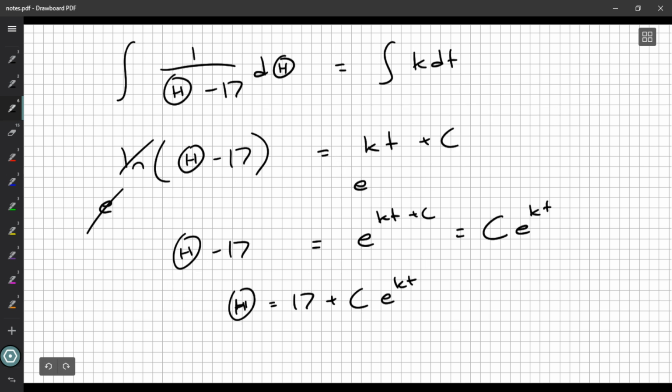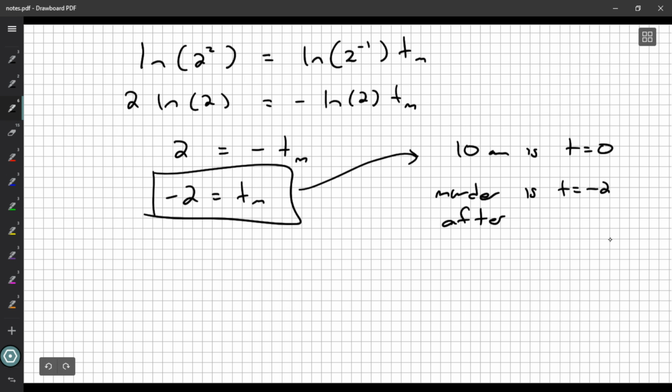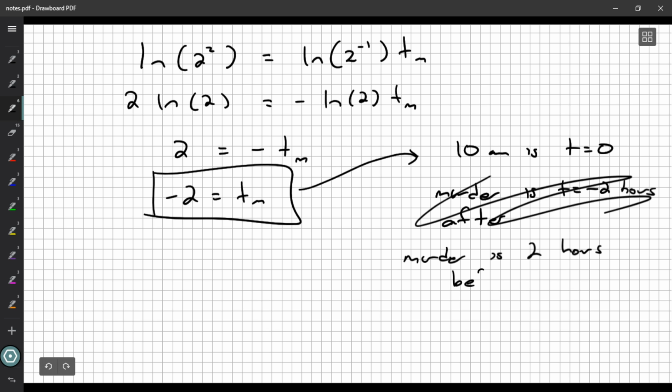So after minus 2 hours, that's the same as saying 2 hours before. So we'll say the murder is 2 hours before. No one says minus 2 hours after, although that's what it means. Anyway, if the body was discovered at 10 a.m., 2 hours before, we can say the murder occurred at 8 a.m.